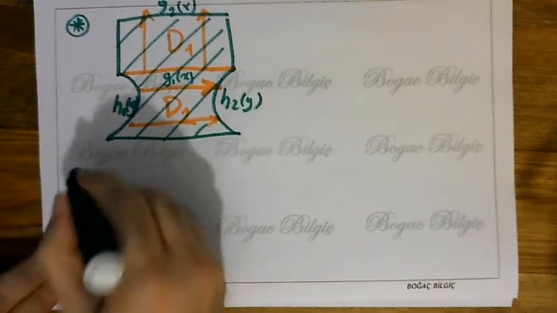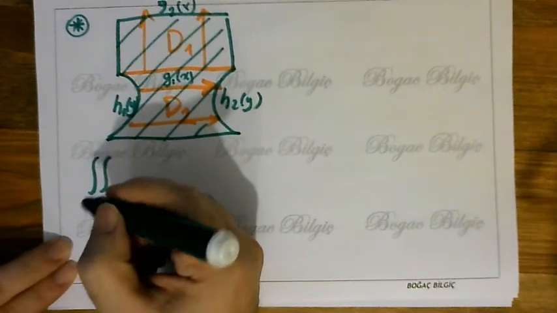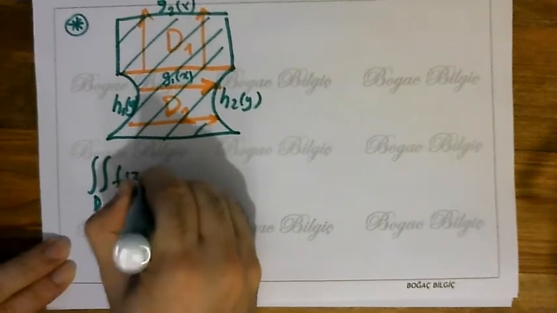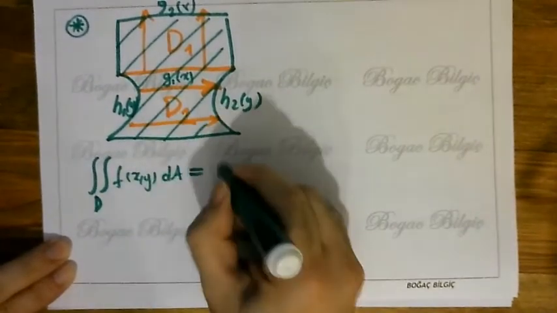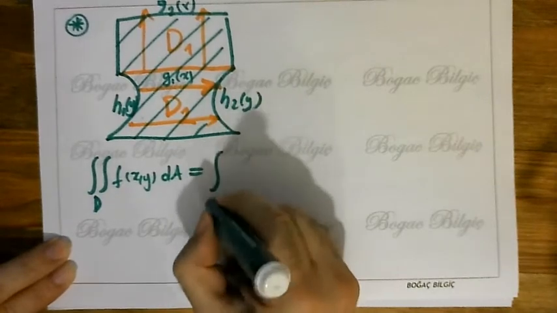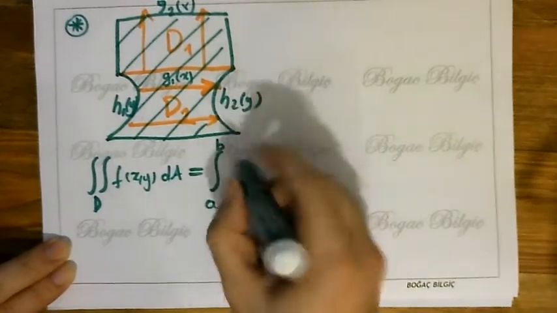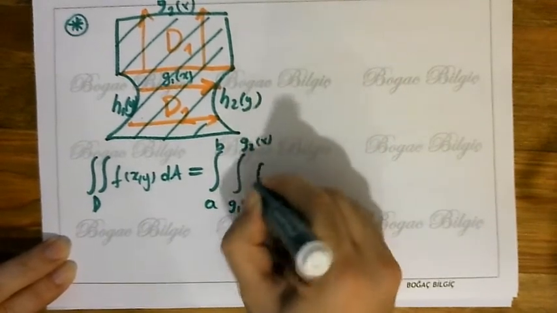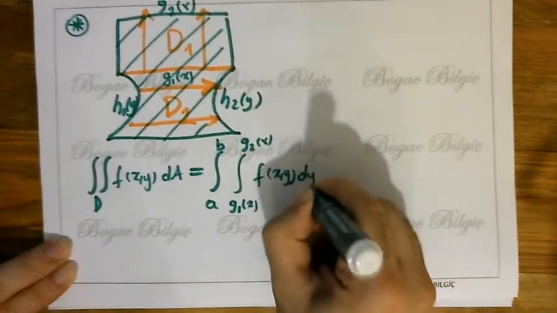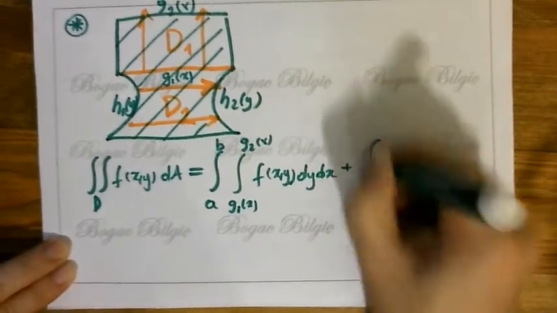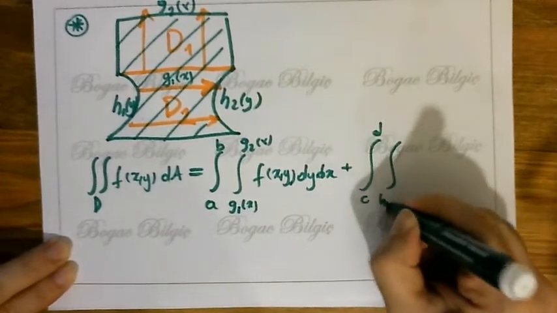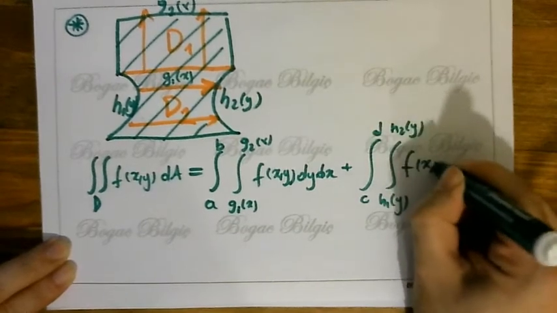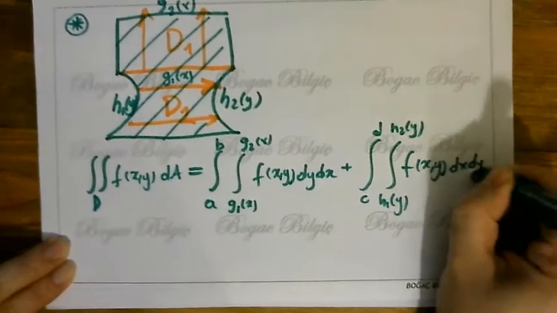So if you want to calculate the double integral over D of f(x, y) dA, it is equal to the integral from a to b, from g1(x) to g2(x), of f(x, y) dy dx, plus the integral from c to d, from h1(y) to h2(y), of f(x, y) dx dy.